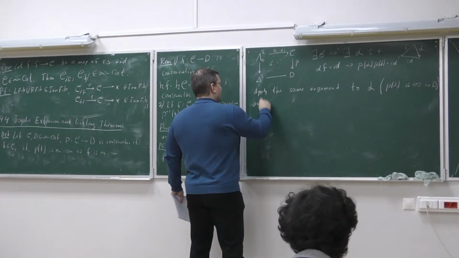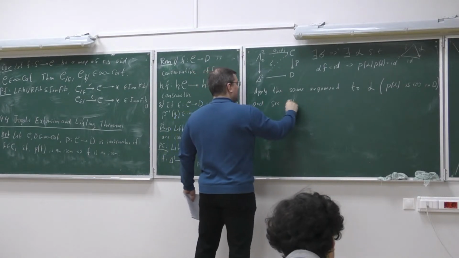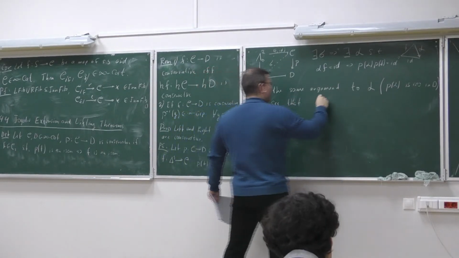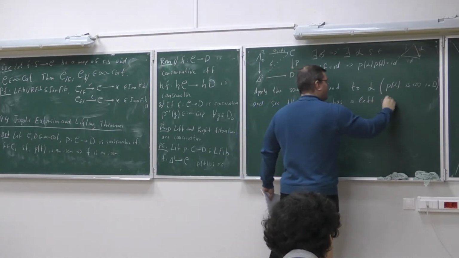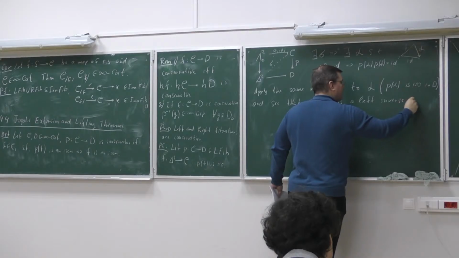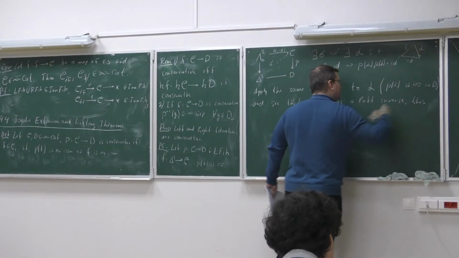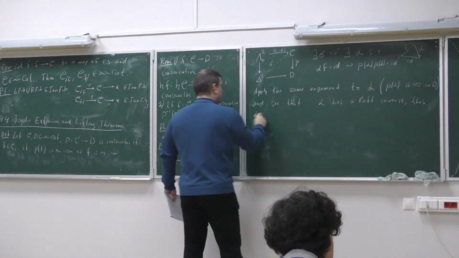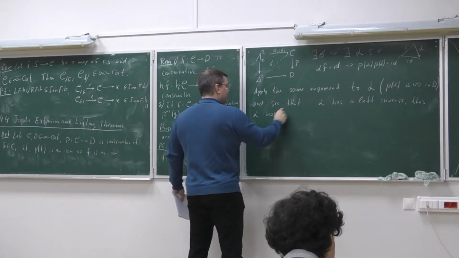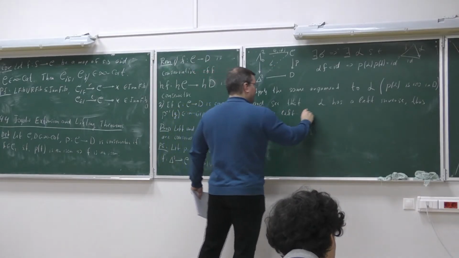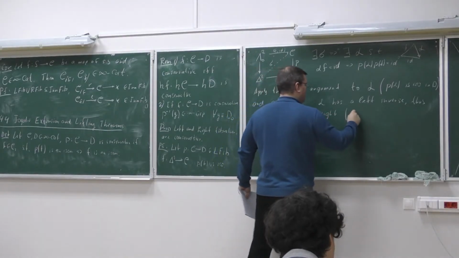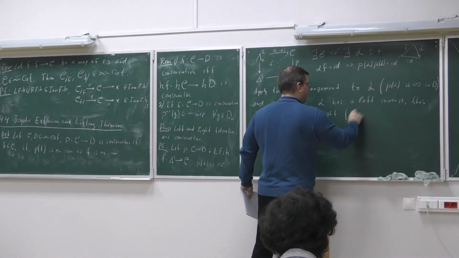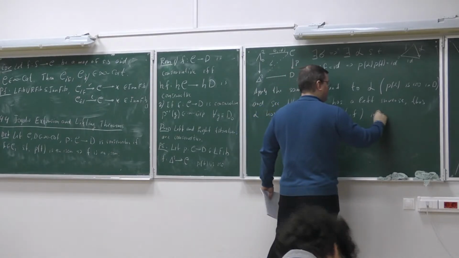And see that alpha has the left inverse. So thus alpha has left and right inverses, f inverse.